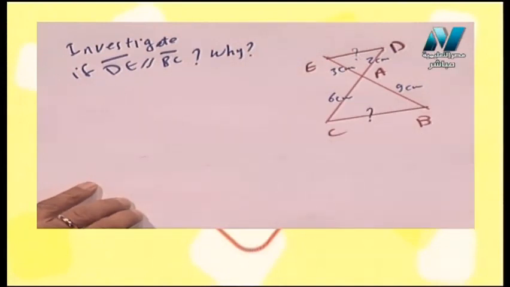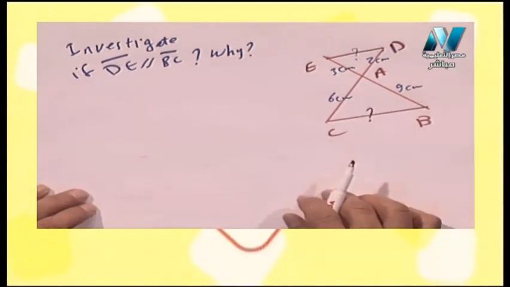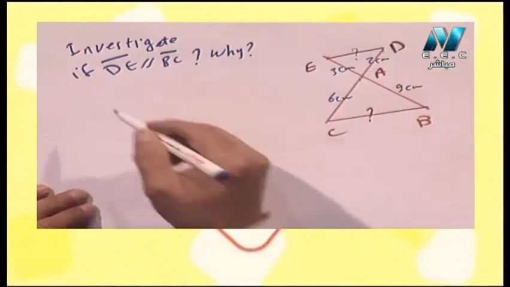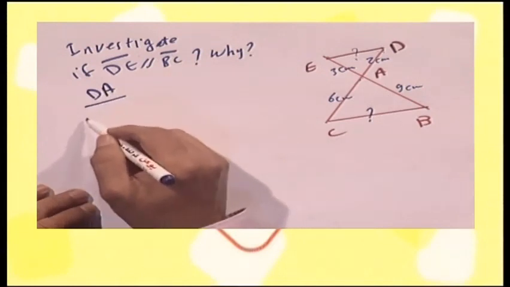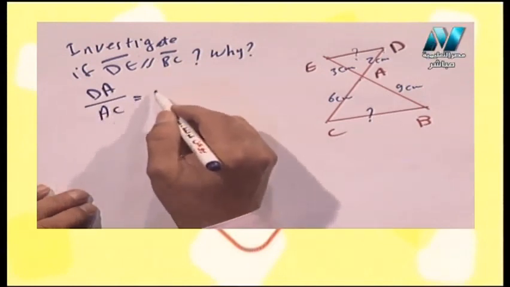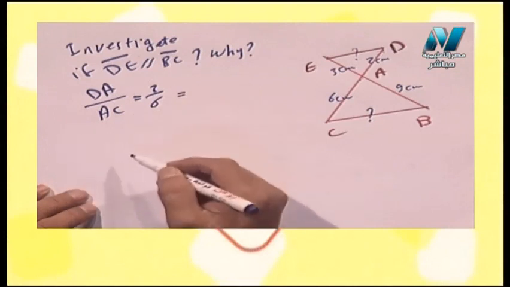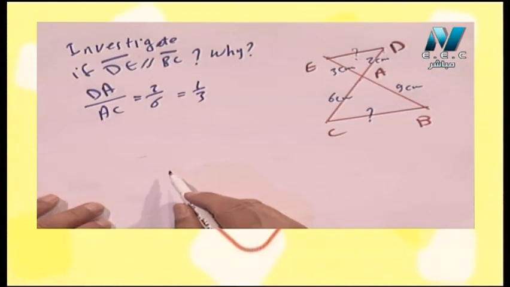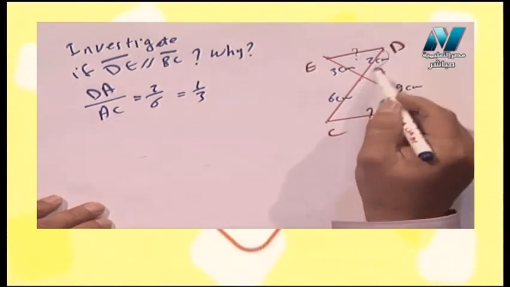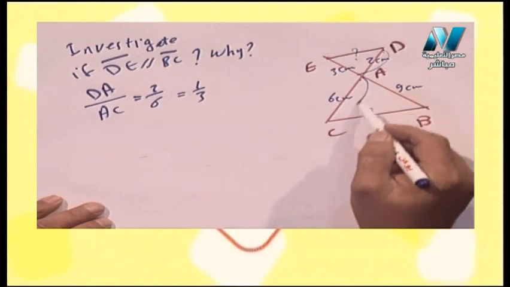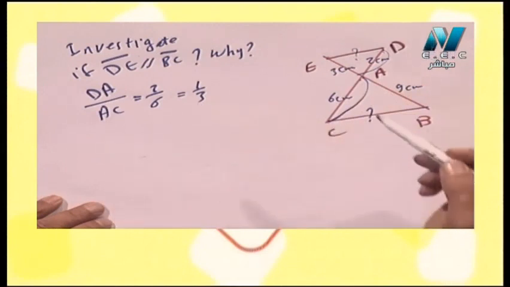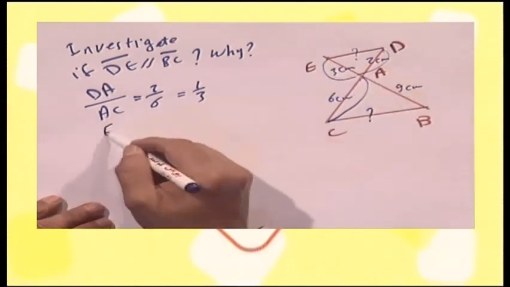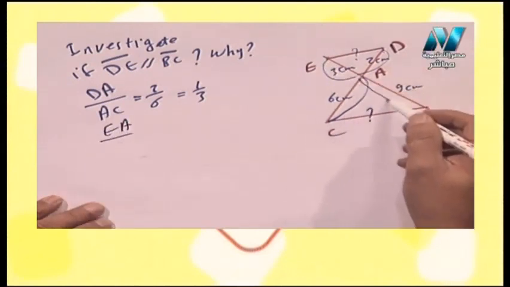To prove that, we have to find DA over AC. DA over AC equals 2 over 6, and in simplest form, which is important for us, it will be 1 over 3. So we have AD over AC equals 1 over 3. Try to find EA over AB here.